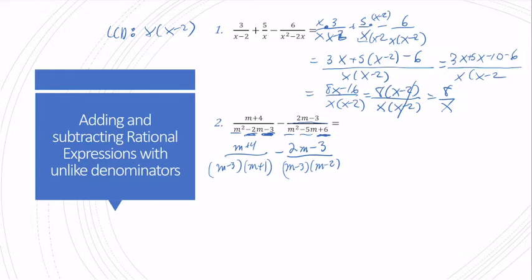So if I look at what all these have in common, they have an m - 3, but I also need an m + 1 and an m - 2. So I'm going to go ahead and multiply this fraction on the left by (m - 2), you can kind of see that, and this fraction on the right by (m + 1).